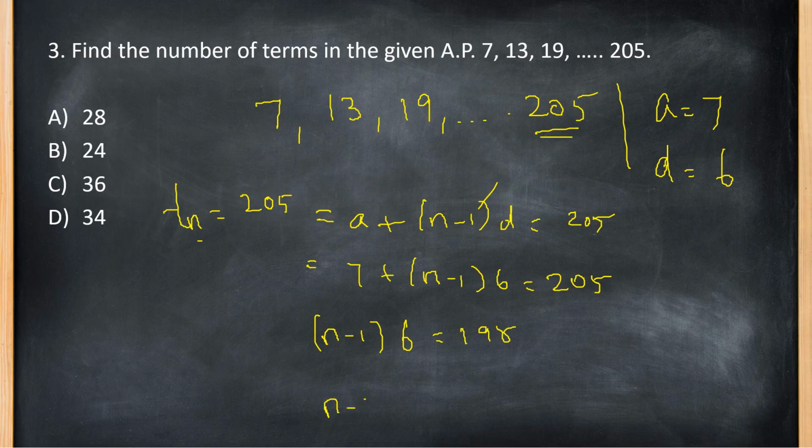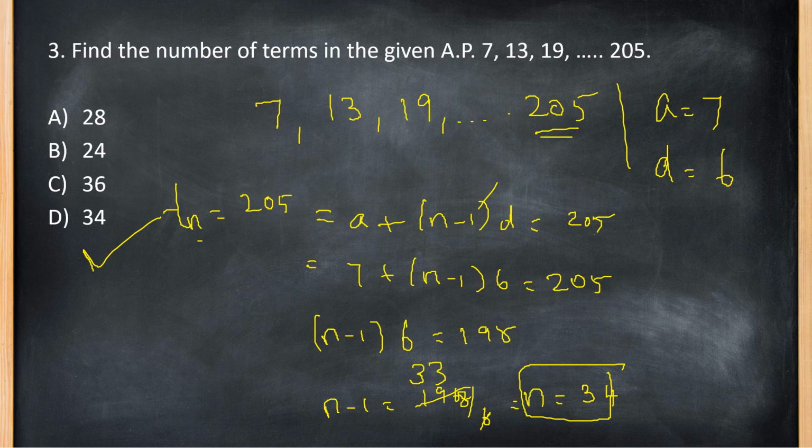So n minus 1 is 198 by 6, and this is 33. So n minus 1 is 33. The value of n should be 33 plus 1, which is 34. Okay, so the number of terms is 34 and that's option D.